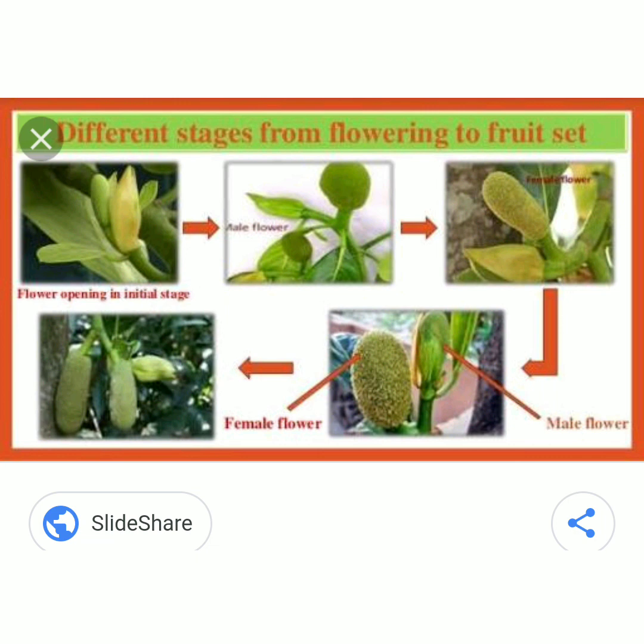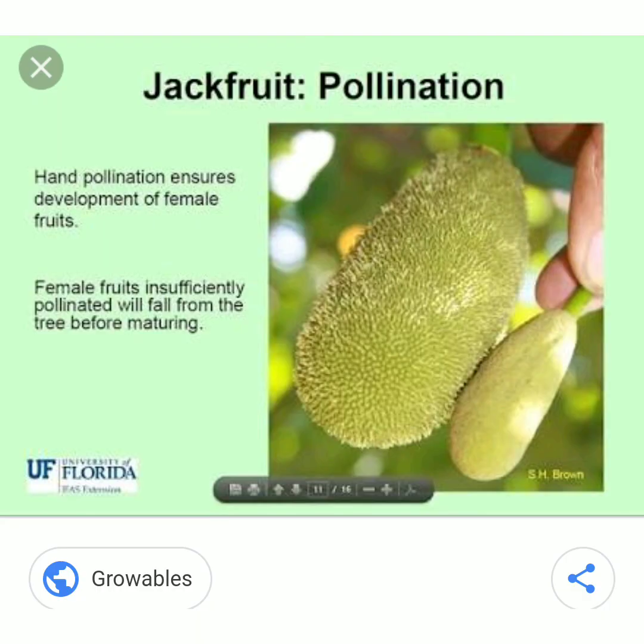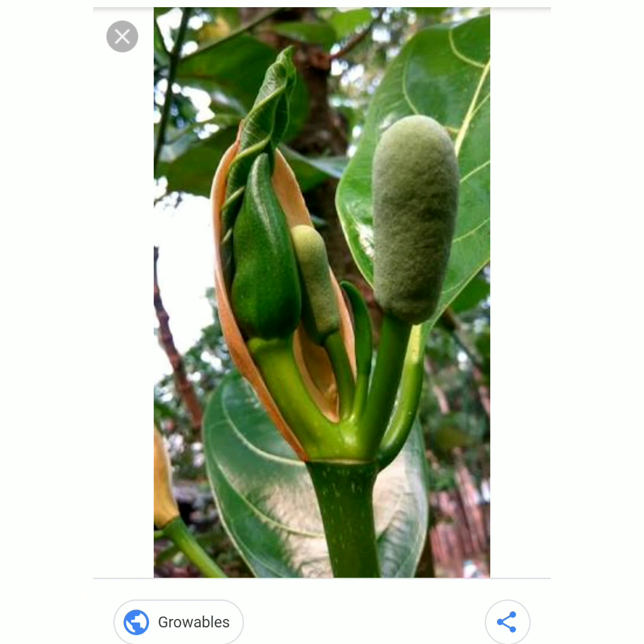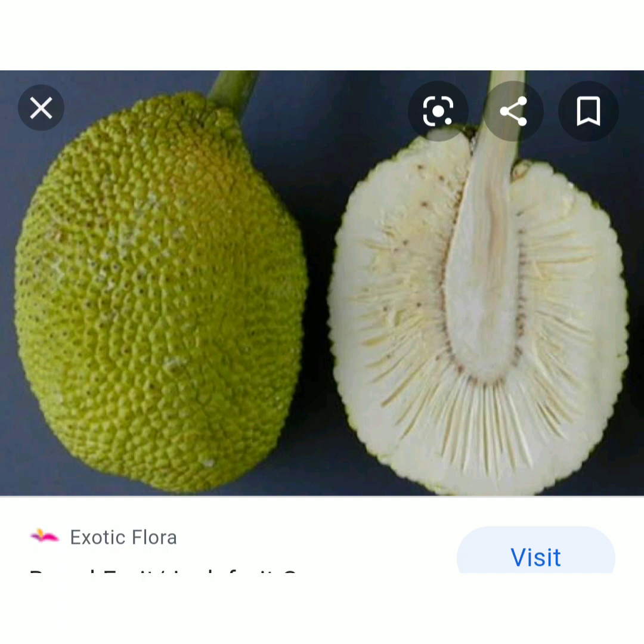These two groups are covered together in a covering. After pollination, the male inflorescence falls. The female inflorescence as a whole develops into a single fruit, which we call jackfruit.